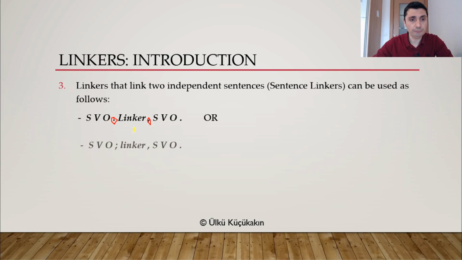Or full sentence, this is called a semicolon, all right, and comma, all right. So in this format, the linker is written in small letters, right, and then the second sentence.